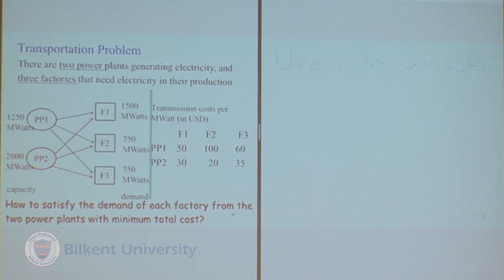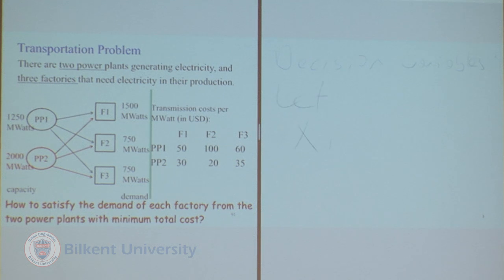What do you think? Yeah. 6 decision variables. Good. Like for factory one, each from power plant one. This is how we represent it actually.